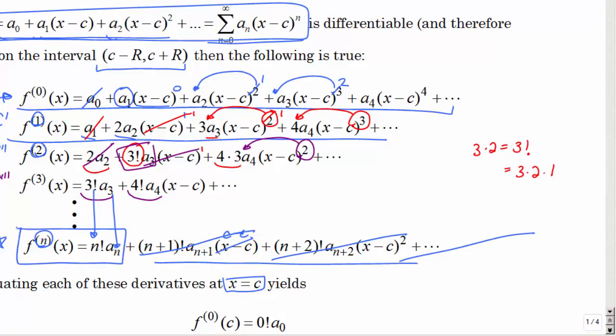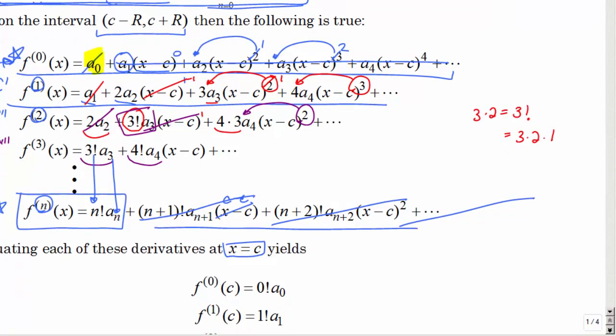So therefore, the original function, evaluated at c, all those terms go away, and you're just left with the first term. If you take the first derivative and evaluate it at c, all these go away, and you're left with just a sub 1.